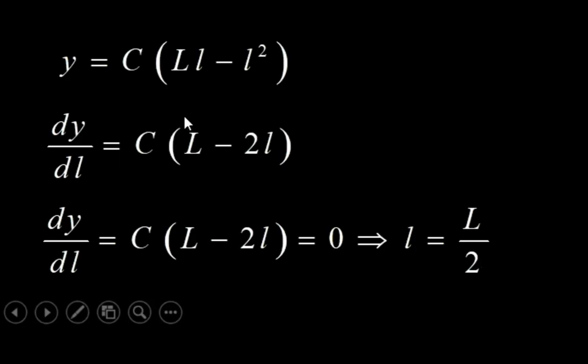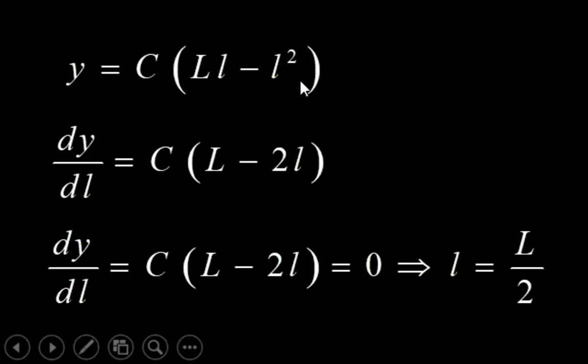So our graph will have y equal to 0 when small l is 0, so it will pass through the origin, and y will again be 0 at small l equal to capital L. So we have a quadratic graph, a curved graph, which becomes 0 at the origin and at l equal to capital L, and it becomes maximum or minimum at small l equal to L by 2.